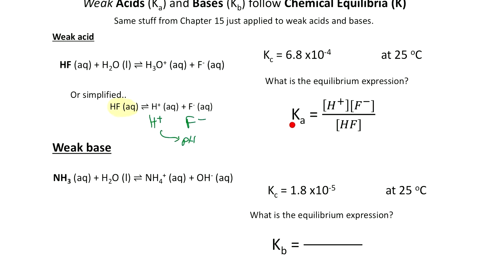All right, but bases, on the other hand, they follow the exact same scheme. It's just for some reason they're a little bit trickier. I think it's because it's harder to tell if something's a base, especially a weak base, because what's the giveaway something's an acid? There's an H somewhere in it. The name of it has acid in it somewhere, you know.